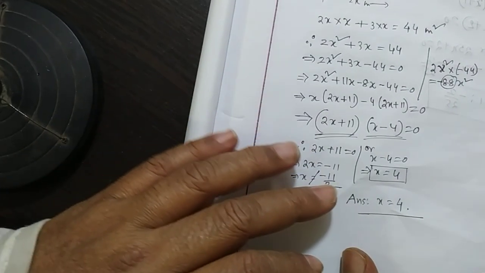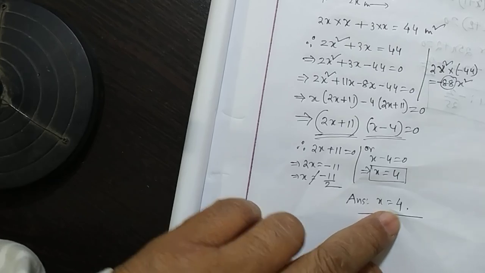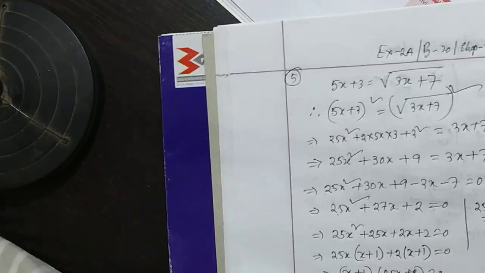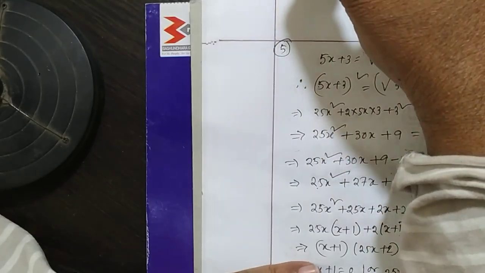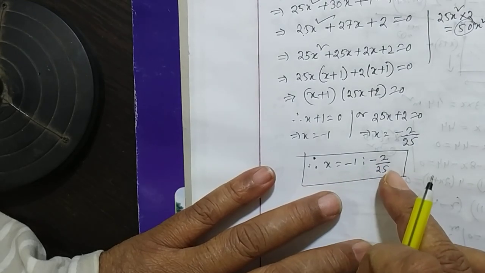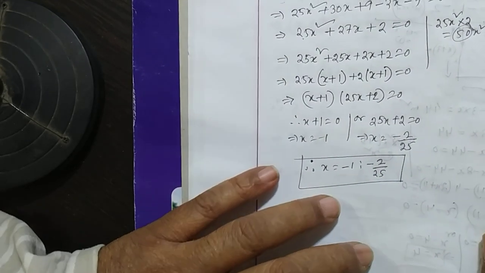We didn't take that solution. We took only x is equal to 4. But here, nothing is given in the condition. Directly solve this equation. That is why we have to take both values of x. I think you are clear now.